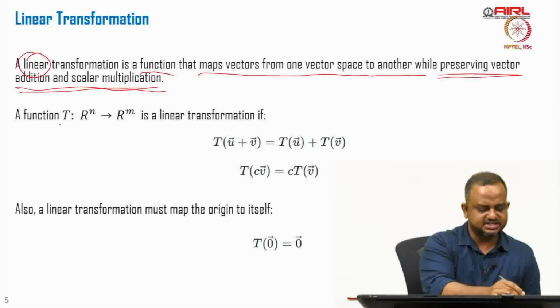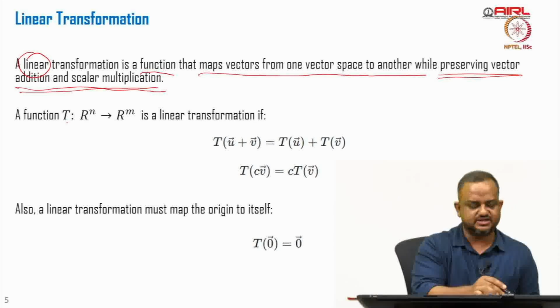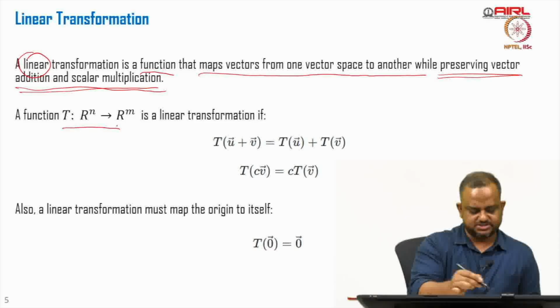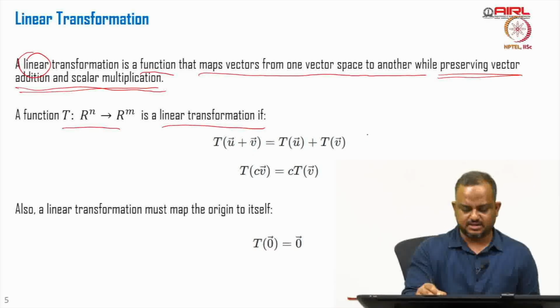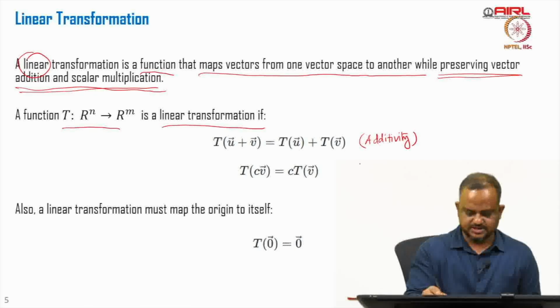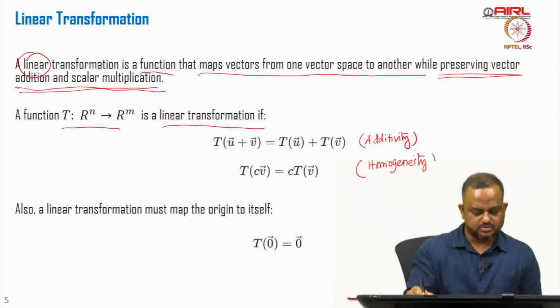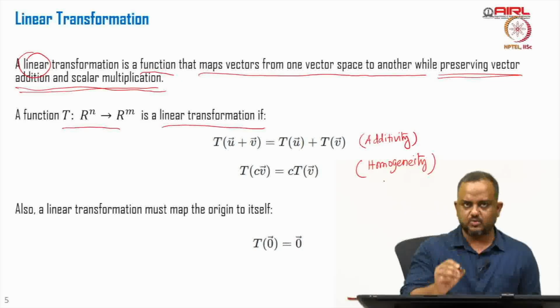So a function T, which will actually give the transformation, is represented like this. This function T is a linear transformation if the condition on additivity is satisfied, then the condition on homogeneity is also satisfied. Not only that, we need one more condition.